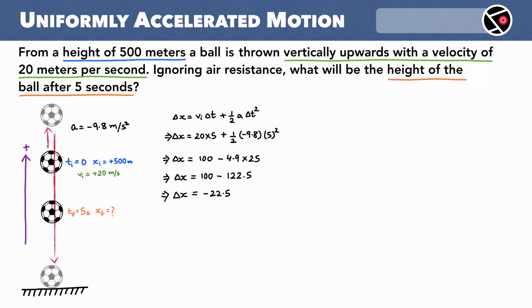delta x is xf minus xi. So we have, now xi is 500 meters.